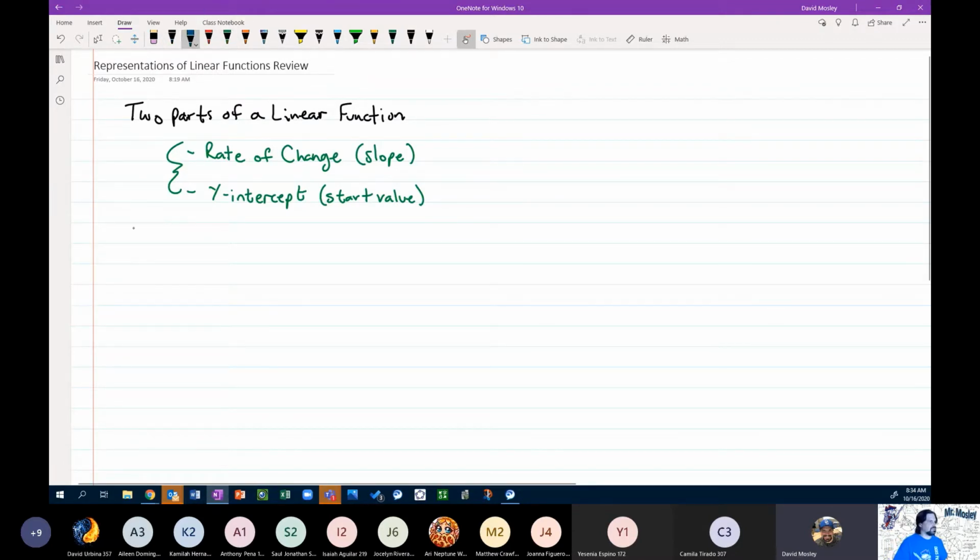We have two different types of rules that we have worked with. There is the symbolic rule, and there's actually multiple symbolic rules for a line. We have only been working with the slope-intercept form.